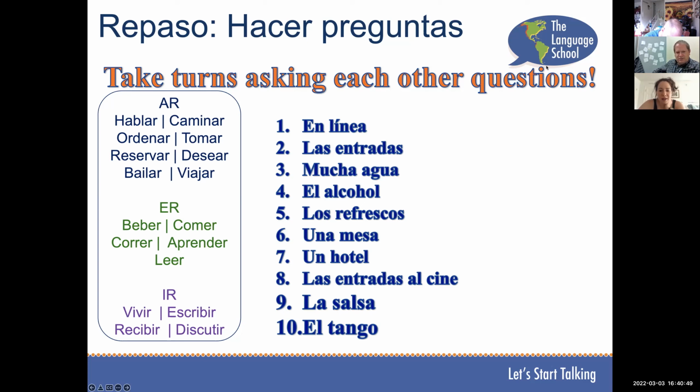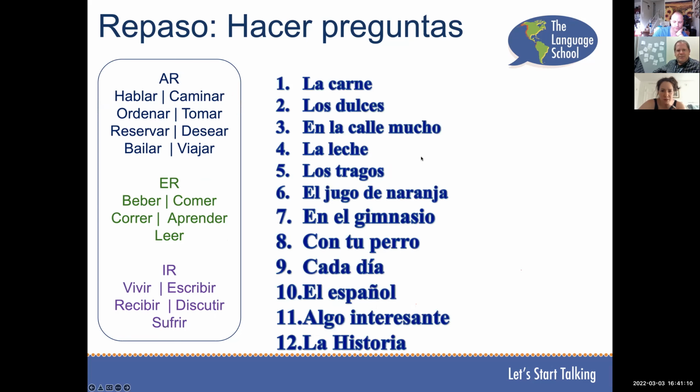¿Tú bailas el tango? No, no bailo el tango. Come on, computer. There we go. Okay, one more round.